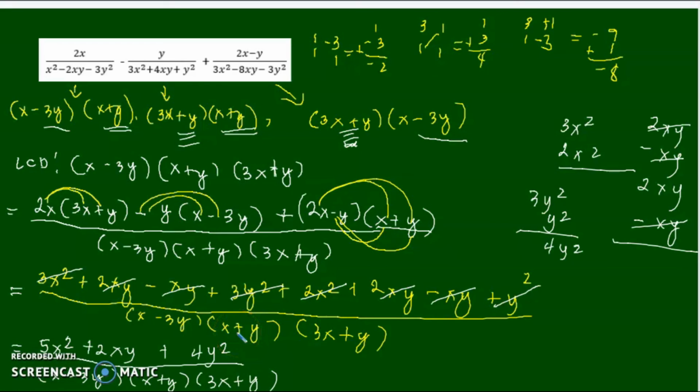Therefore, it's 5x squared plus 2xy plus 4y squared all over x minus 3y times x plus y times 3x plus y. But what are the restricted values for x and y? x must not be equal to 0 and y must also not be equal to 0. Okay, that's it.